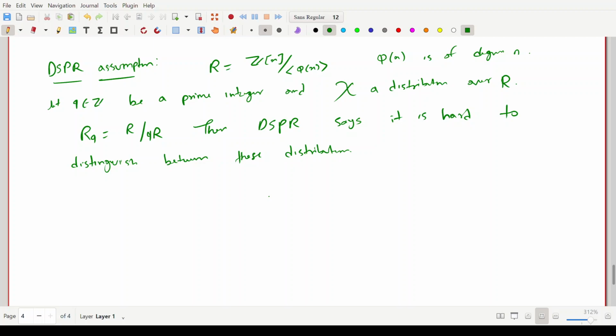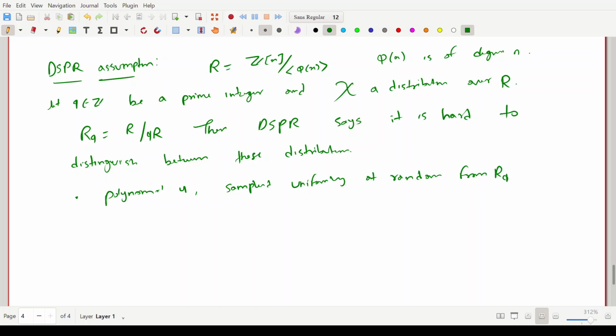The first one is a polynomial u sampled uniformly at random from R_q.